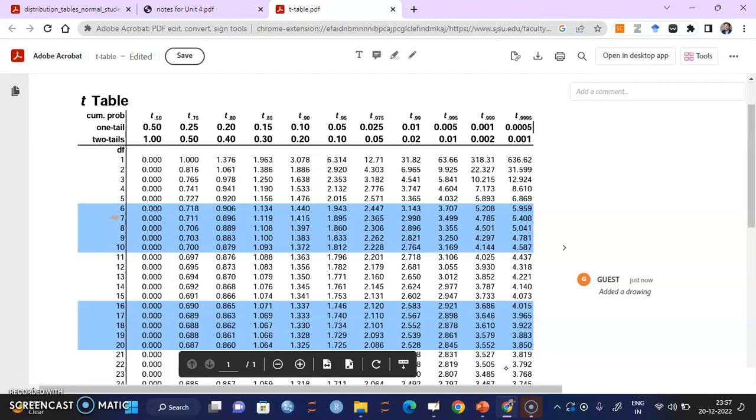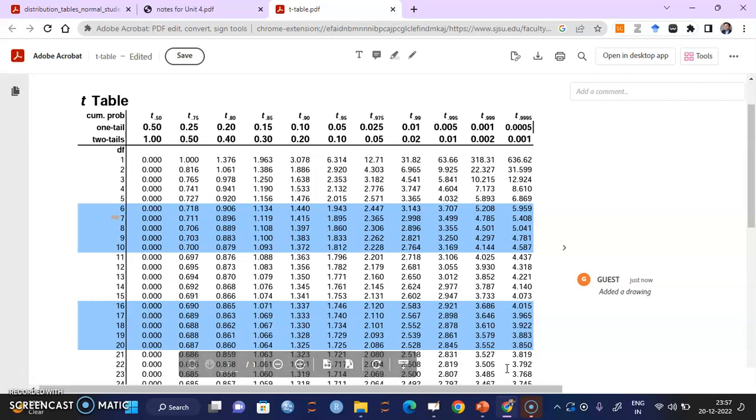In our case we had 0.05 as significance level, but suppose this line is missing, you divide it by 2 and you'll get 0.025. So in the present question we have 7 degrees of freedom and 0.05 two-tailed test, and we'll get this value 2.365.